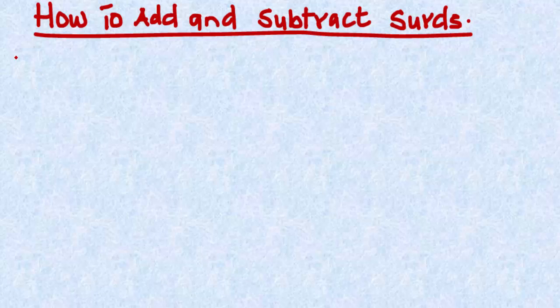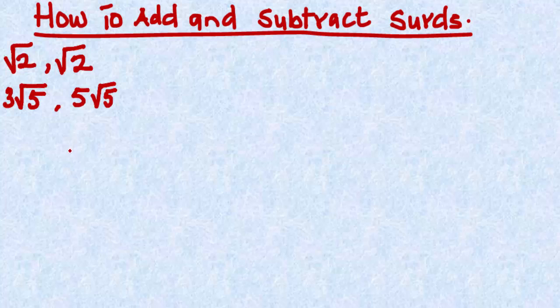So that's if you have root of 2 then root of 2, or if you have 3 root 5 then 5 root 5, or if you have negative 2 over 3 root 7 and 1 over 3 root 7.